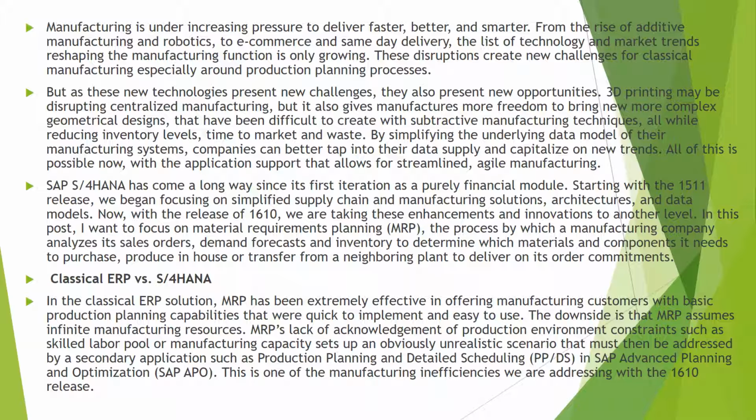MRP lacks acknowledgement of production environment constraints such as skilled labor pool or manufacturing capacity, which sets up an obviously unrealistic scenario that must be addressed by secondary applications such as production planning and detailed scheduling (PP/DS) in Advanced Planning and Optimization (SAP APO). This is one of the manufacturing inefficiencies we are addressing with the 1610 release.